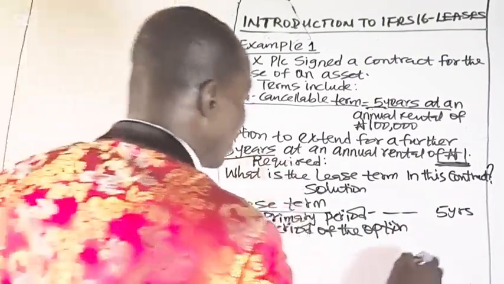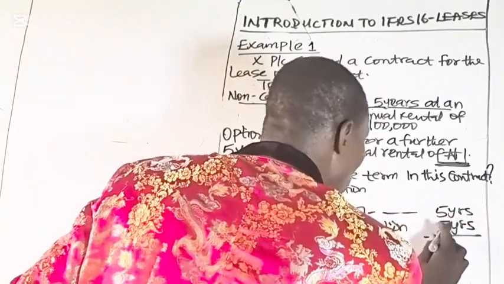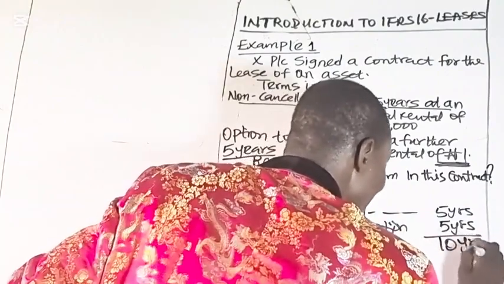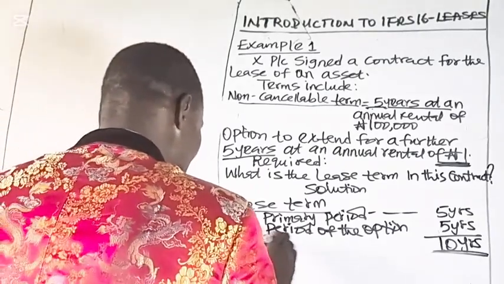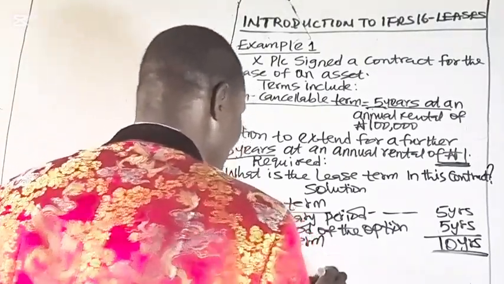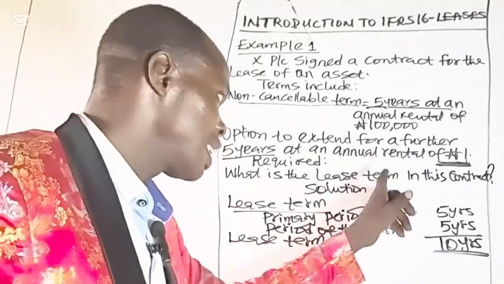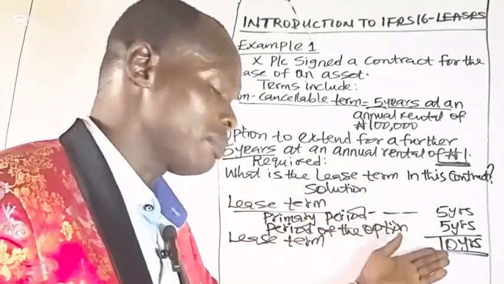So the period of the option is another 5 years. So the lease term now will be 5 years plus 5 years, so we have 10 years. So the lease term is a period of 10 years since the option may be exercised. So the option period will form part of the lease term.